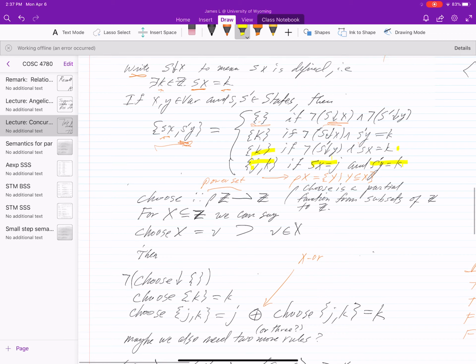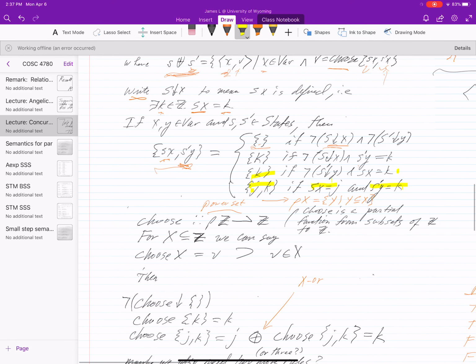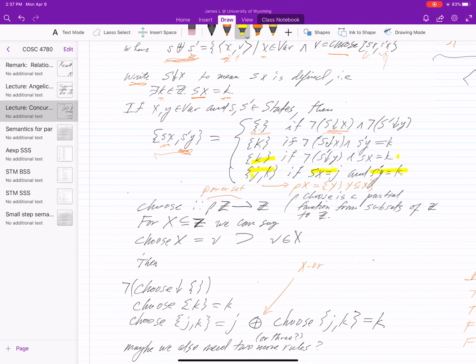Now, choose is not a function in the usual sense. Choose is some function from the subsets of n. So this is really generalized; up here we only need 2. Remember, this is the power set.